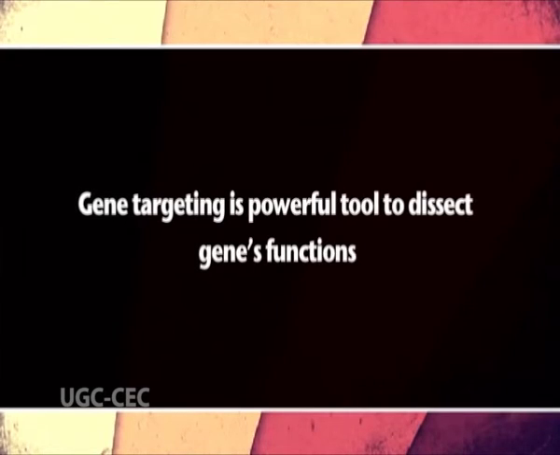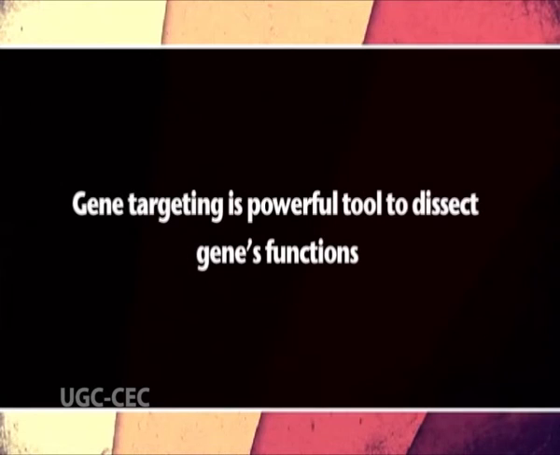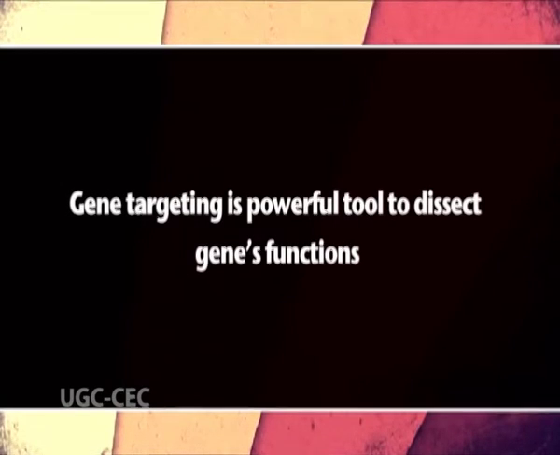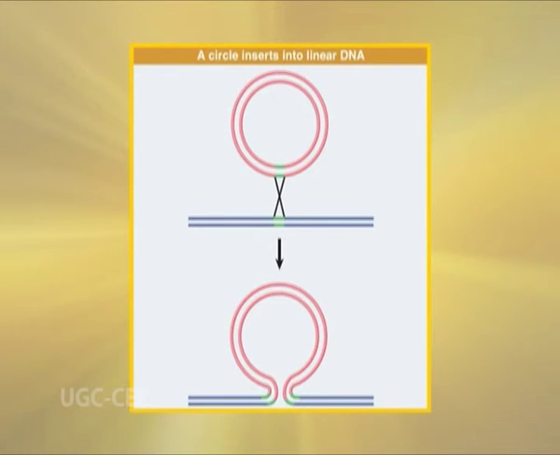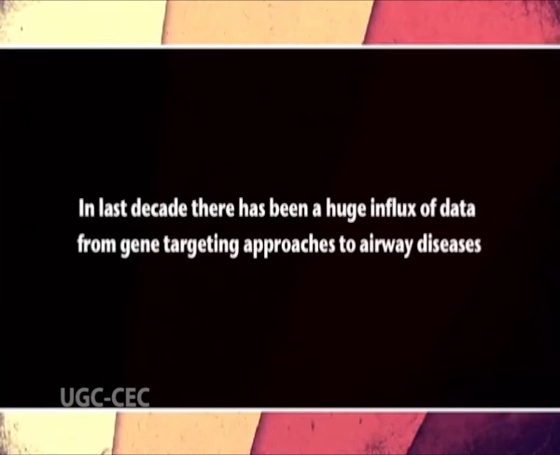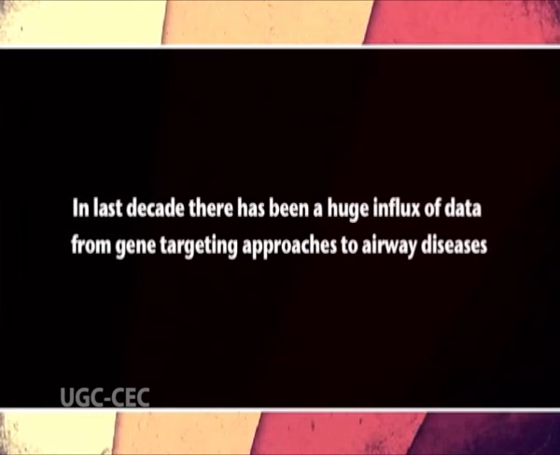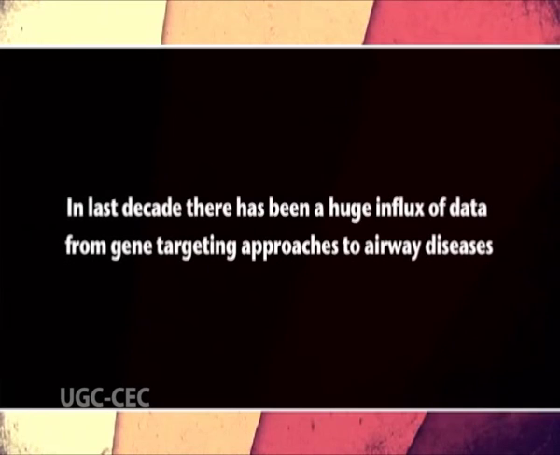Gene targeting is a powerful tool to dissect genes' functions. Recent developments of recombineering and site-specific recombination have dramatically increased the efficacy of gene targeting. In the last decade, there has been a huge influx of data from gene targeting approaches to airway diseases.